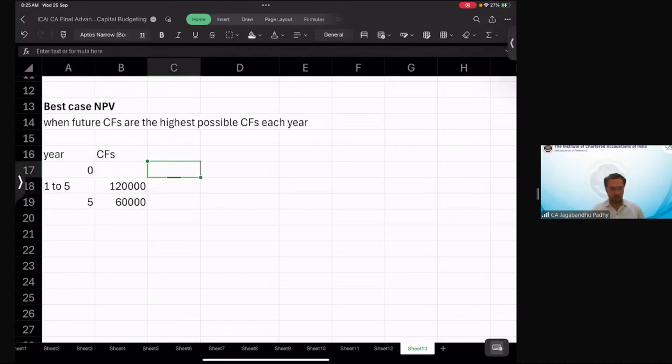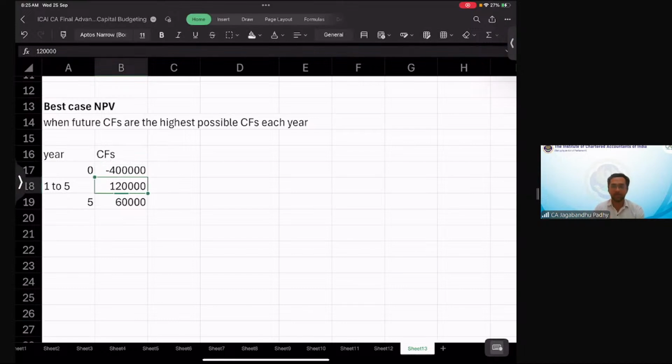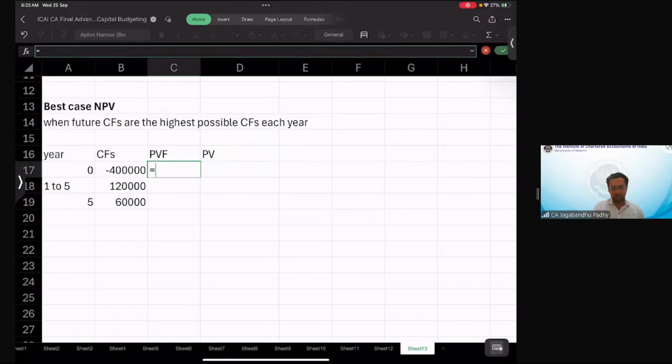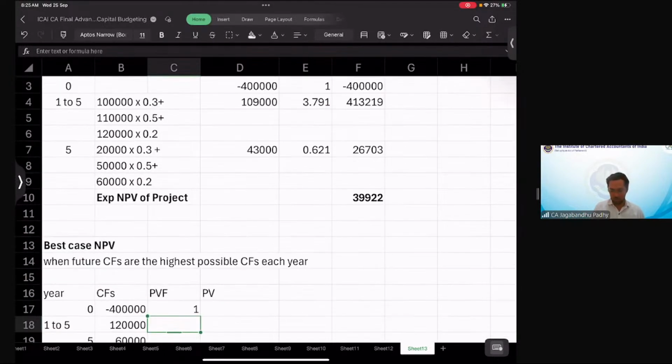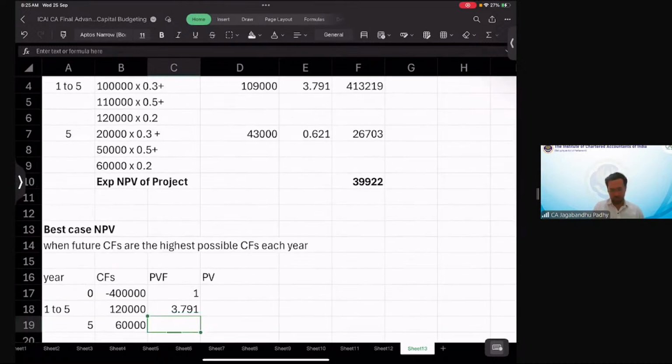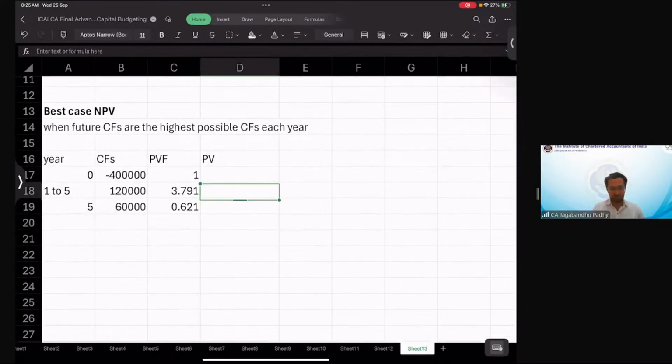Zeroth year, it is going to be the same cash flow because there's no variation in the zeroth year, because initial investment is remaining still as 4 lakh. But when you're looking at best case, you're looking at the highest possible cash flows each year, right? So in that case, you just need to take the present value factor and take the PV. Present value factor is what we have already got, 3.791 and 0.621.